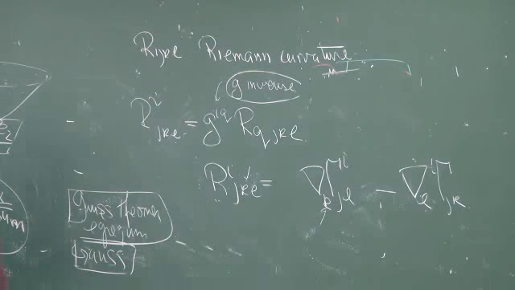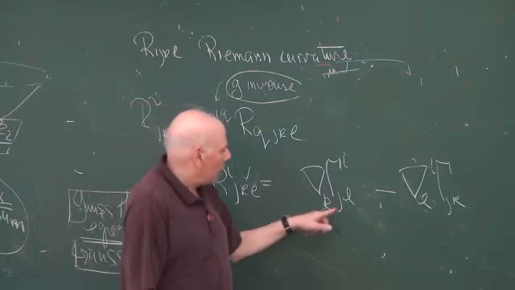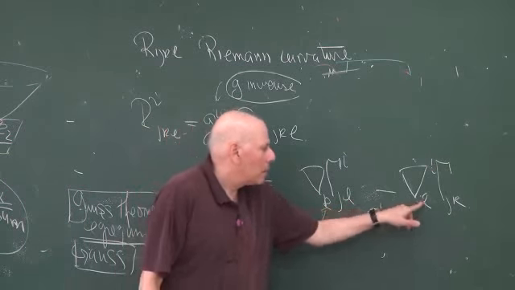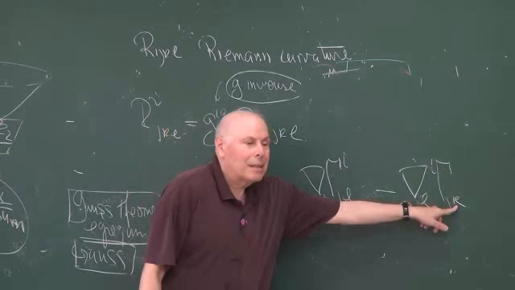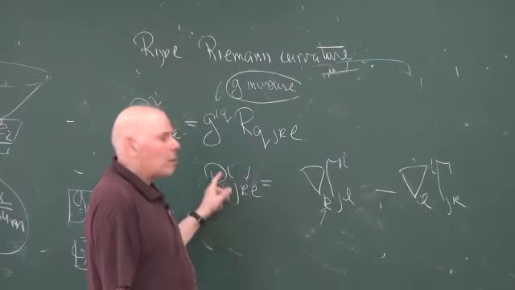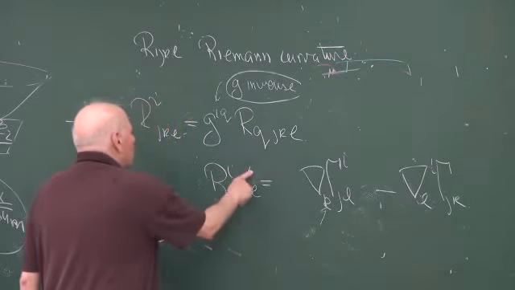Okay. So it's the lack of... interchanging L and K here, it doesn't commute. Okay, so it doesn't commute, and the difference in the commutativity is the Riemann curvature tensor.